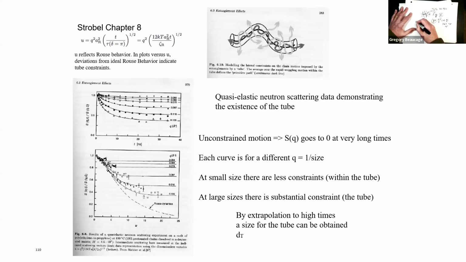So if you think about the chain in this network of other chains, it can move freely below this size scale, the tube diameter, because it's got walls around it, but within that tube, it can wiggle around all at once, right? So it's freely moving as much as it wants. And then as you get to larger Q, it's stuck because it can't move past the walls. So if you probe as a function of Q, at low Q, which is large size, because it's 1 over size, then you expect stuck.